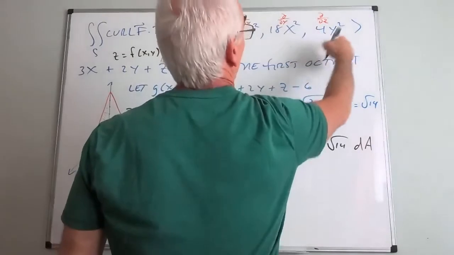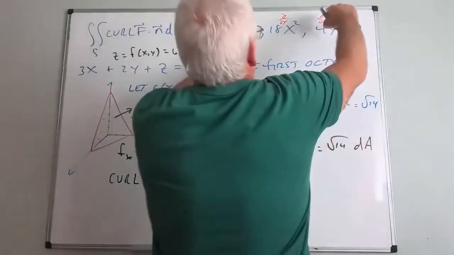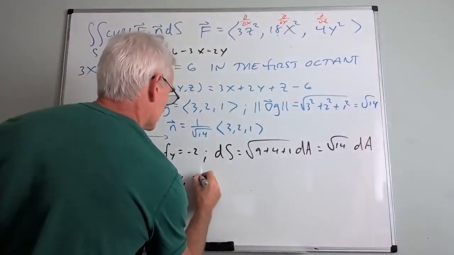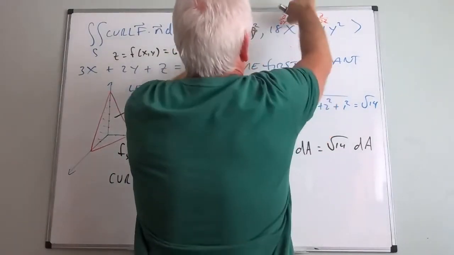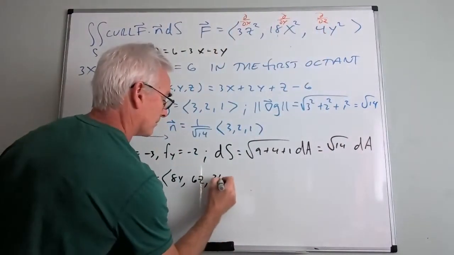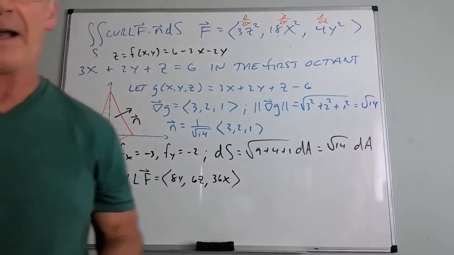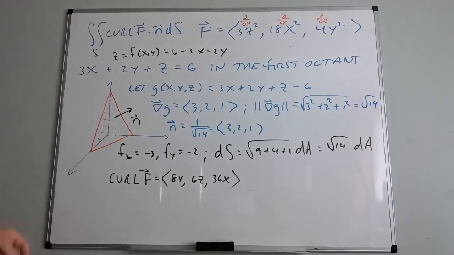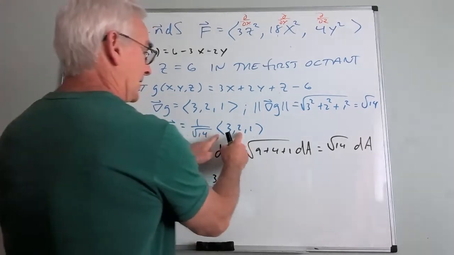Okay, so 8y minus 0. 6z minus 0. 36x minus 0. Okay, so hopefully we all have the same thing at this point. Now, at this point in the game, I'm going to do this dotted with this.